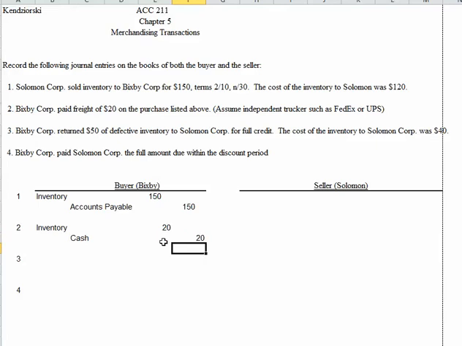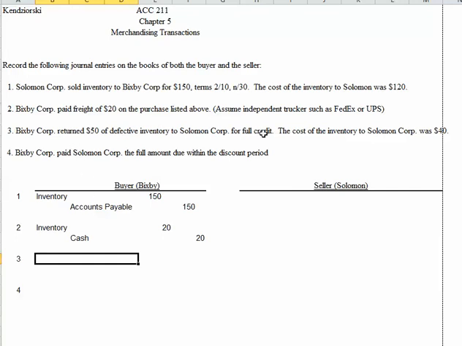All right, in the next entry, number 3, Bixby is going to return $50 of defective inventory to Solomon. And again, Bixby doesn't know how much that inventory had cost Solomon. All we're dealing with is the $50 of retail amount. In this entry, basically all we need to do is flip around part of the entry we made up in number 1.